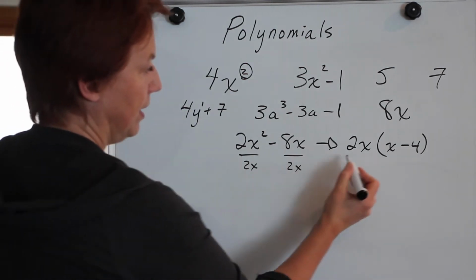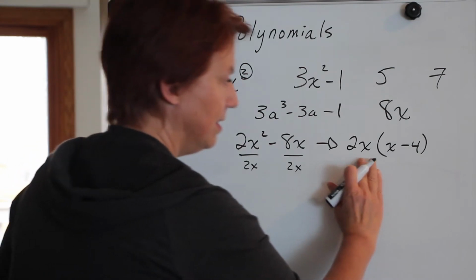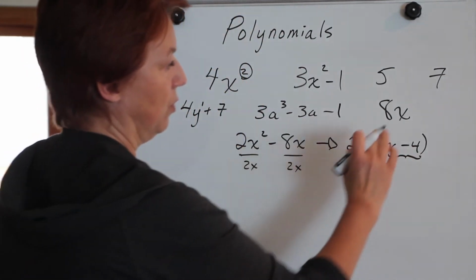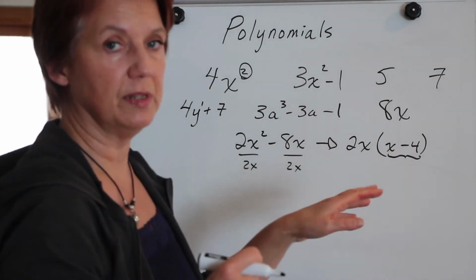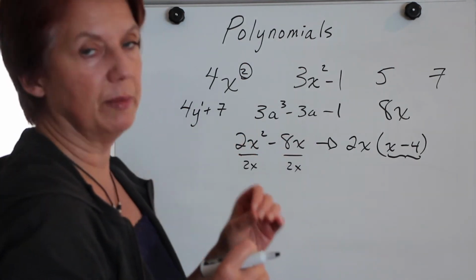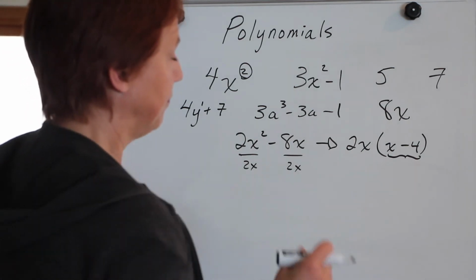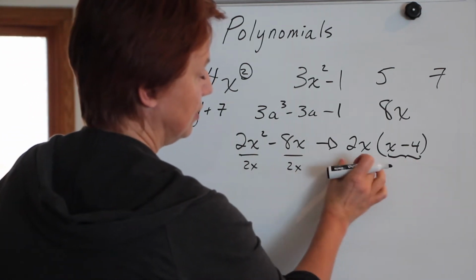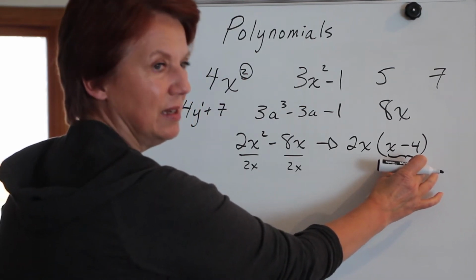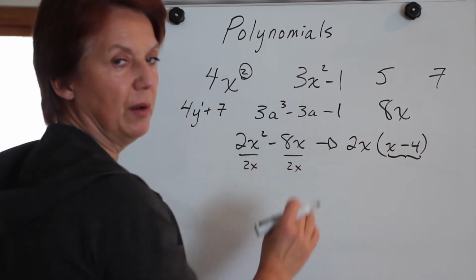Now, what we've got here is, this is a single term, and these 2 terms inside the brackets are locked together by those brackets, so you can't break them apart. The only way to break them apart is to multiply that 2x through again. But because these 2 things are being multiplied, remember this is a single unit, okay? It's not considered 2 units in terms of this polynomial that we've written.